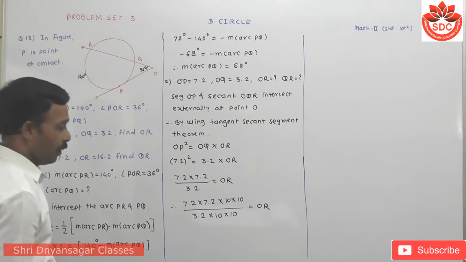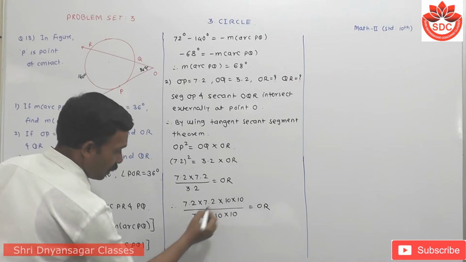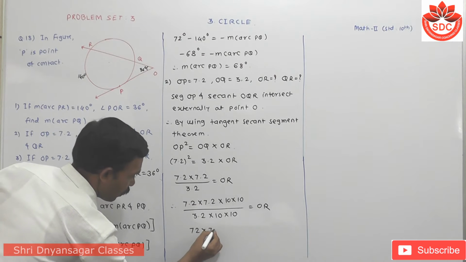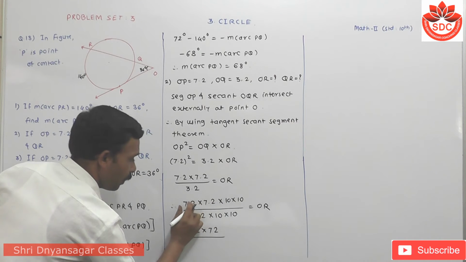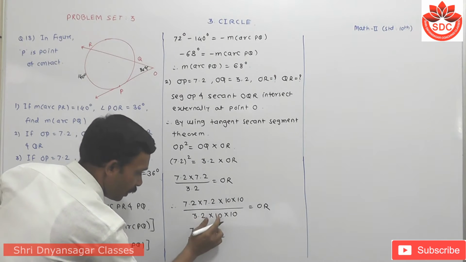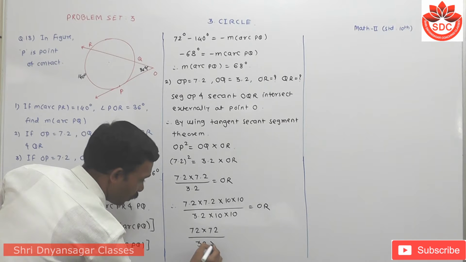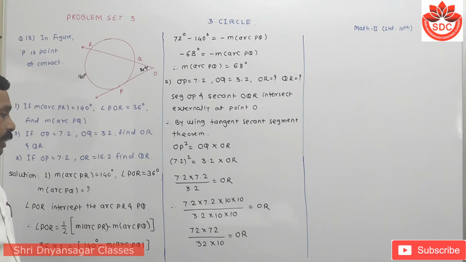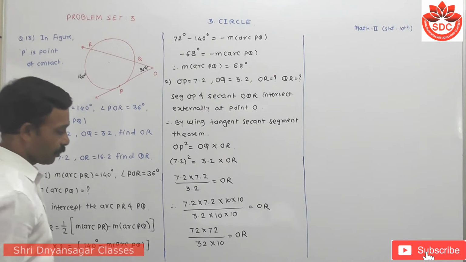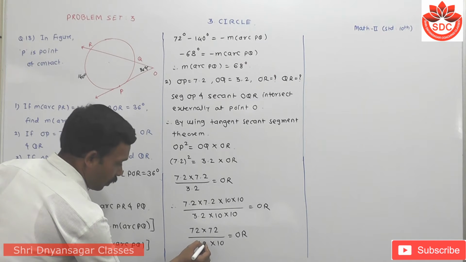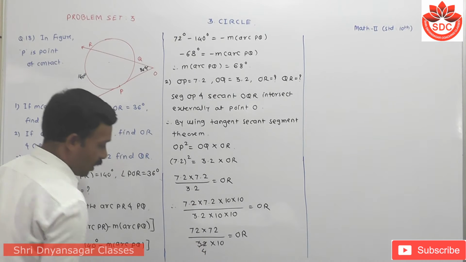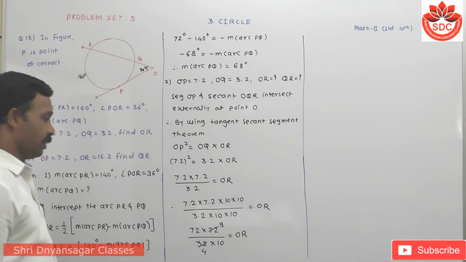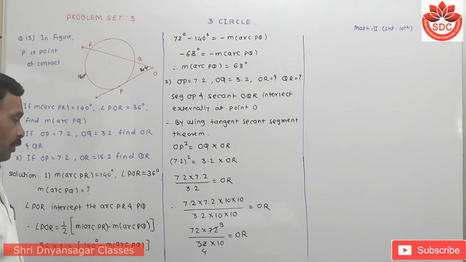When you observe carefully, when we multiply this, this value becomes 72 into 72 upon 32 into 10, equal to OR. Then simplify. 8 4s are 32, 8 9s are 72.